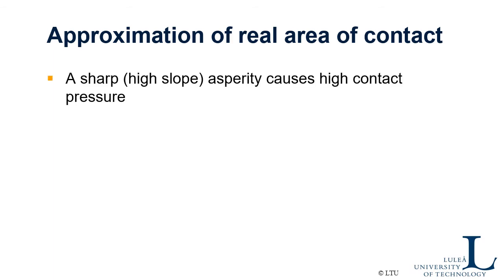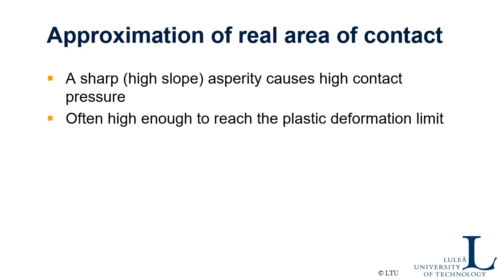The reasoning behind that is that we assume that we have a surface with pretty sharp asperities, so relatively high slope. So at reasonable loads, you get such high contact pressures that you reach the hardness level and you get a plastic deformation of it.